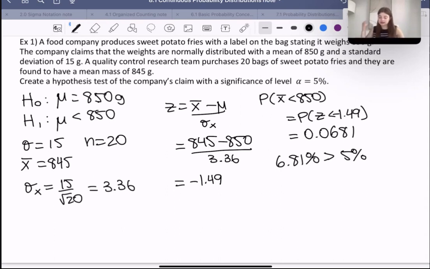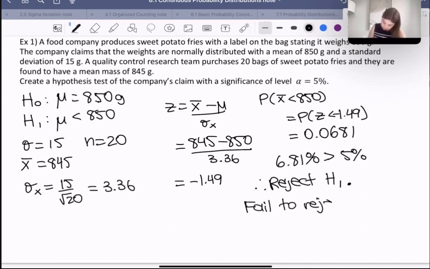So what we're saying here is there's a 6.81% confidence that this is the case, which is greater than our 5%. So therefore, we will reject our alternate hypothesis. We will reject H1, and therefore, we will fail to reject our original hypothesis.